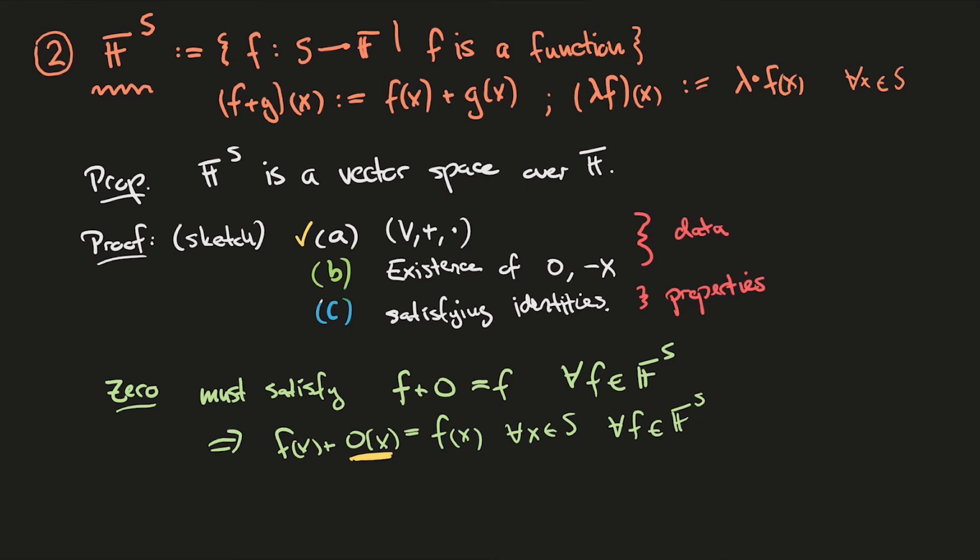We need to watch out here. This 0 of x might look a bit weird, but the 0 is not the number 0, but is actually the 0 element in Fs, and so it's a function, and so we can evaluate it at the point x.